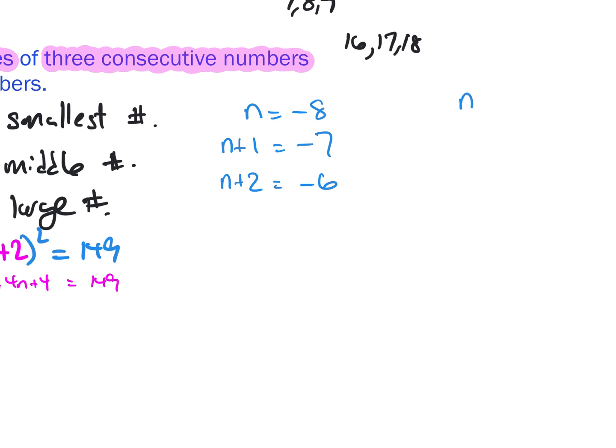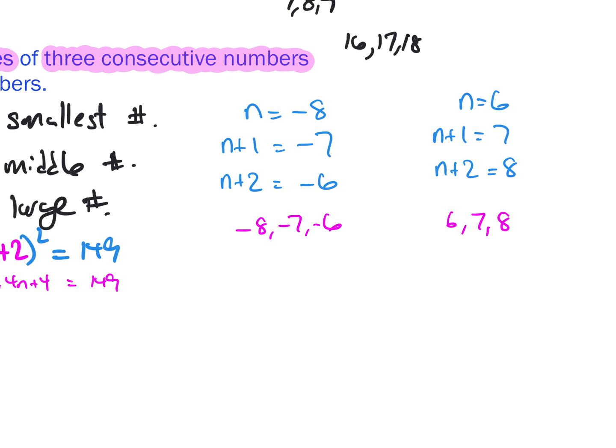If we start at n equals 6, n plus 1 is 7, n plus 2 is 8. So in the first case, we have negative 8, negative 7, negative 6. In the second case, we have 6, 7, and 8. So we have two separate lists, and they're both perfectly valid.